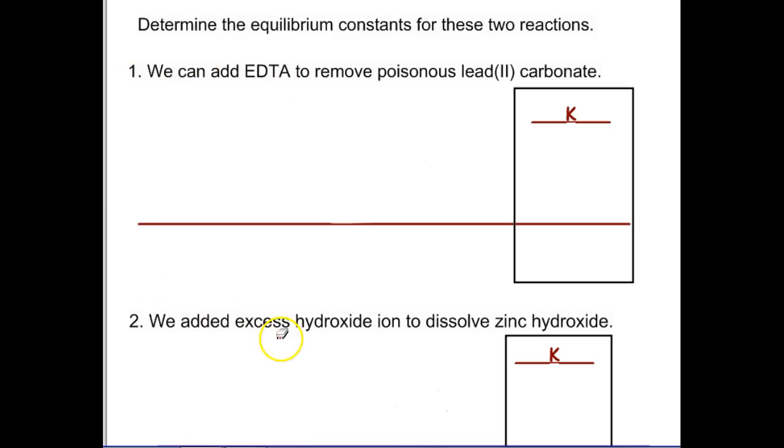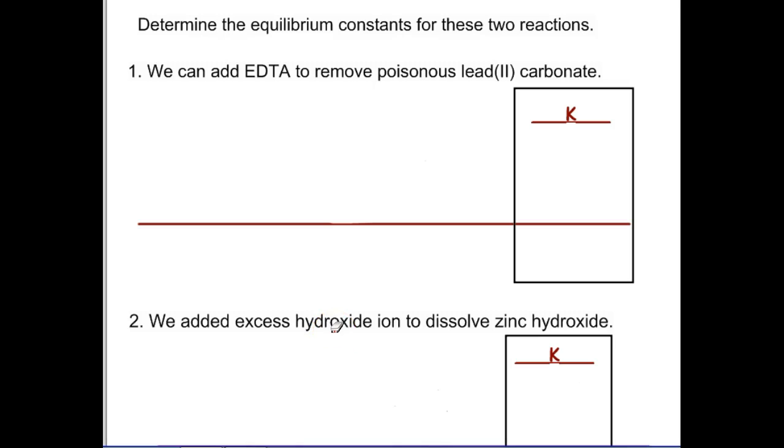We can also, and we did this in the lab, take zinc hydroxide, that makes a precipitate, and add excess hydroxide to dissolve it. So I'm going to let you try to find the Ksp for lead carbonate and zinc hydroxide, and the Kf for the lead EDTA complex ion, and another zinc hydroxide complex ion.